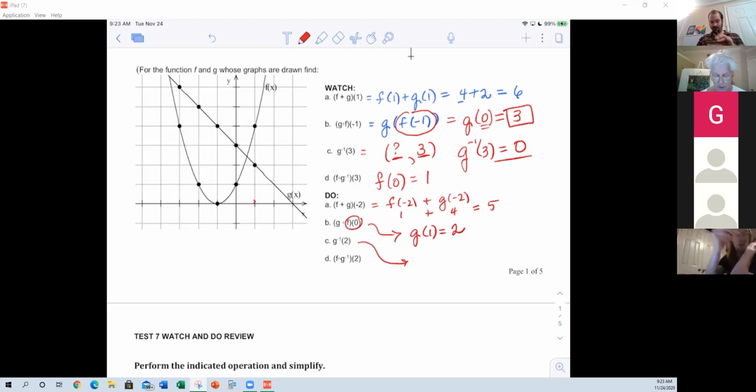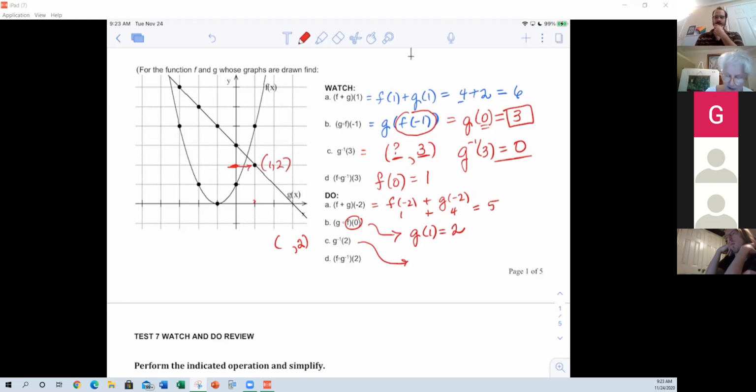Okay, so first of all, g -1 of 2. What we're actually looking at is the point on the g function where the y value is 2, right? So you're going to go to the y-axis, find where it's equal to 2, and then match it to the g function. That would be 1, 2, right?